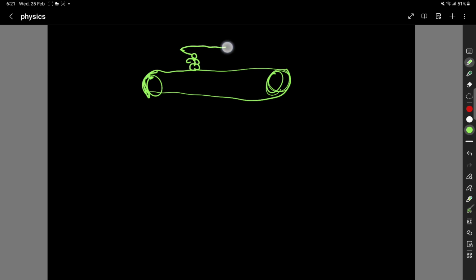So if this is how the belt is rotating, and you have some guy over here who sits down, he is the one watching these two boys. He will watch this boy, he'll watch this boy, and then he'll make the observations.